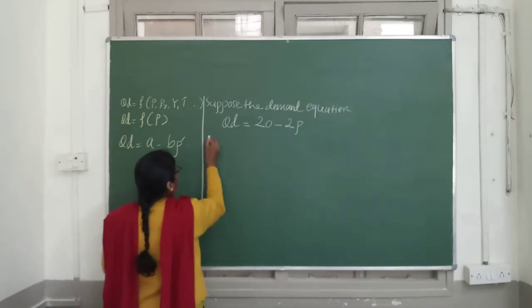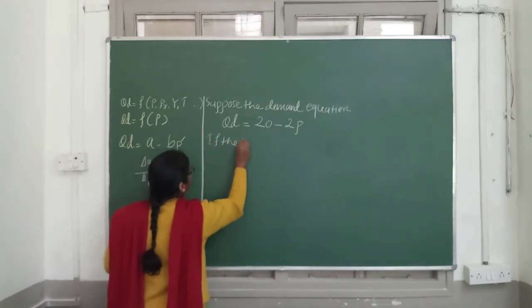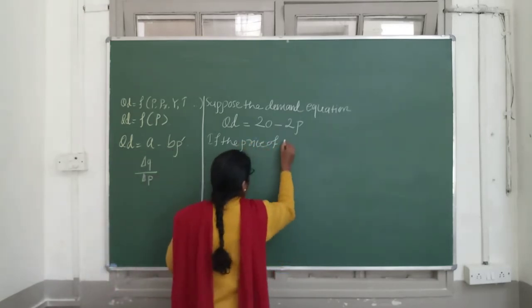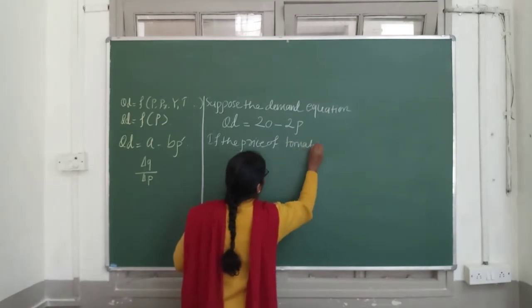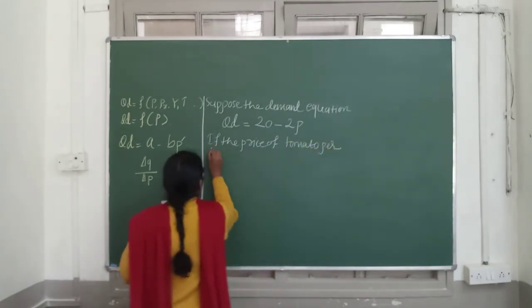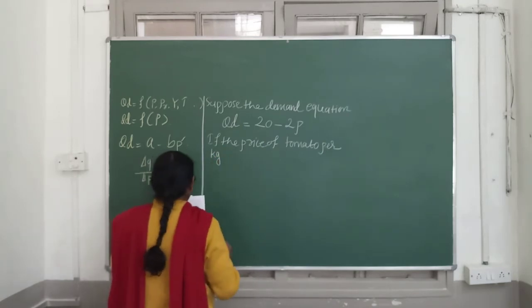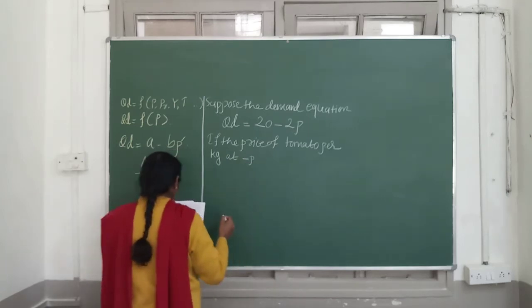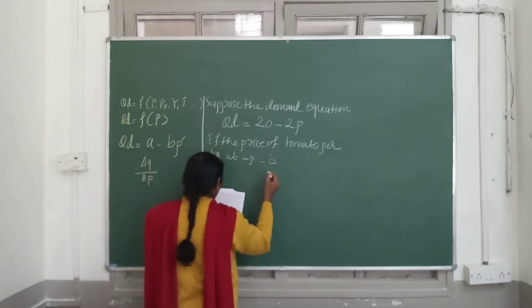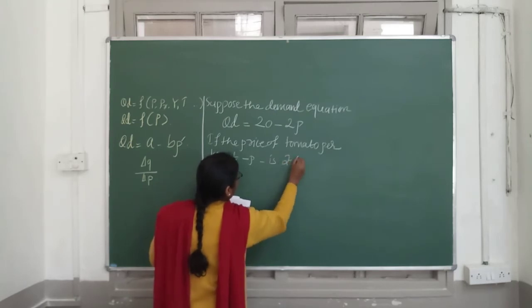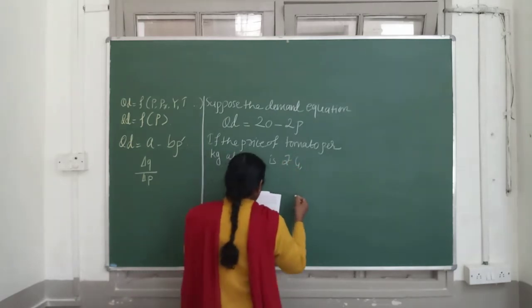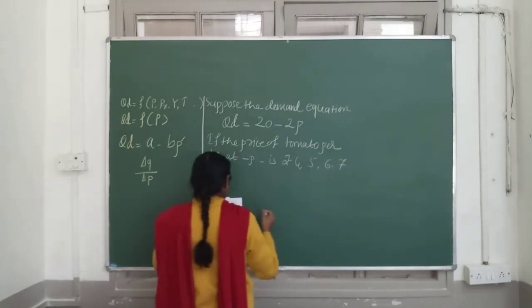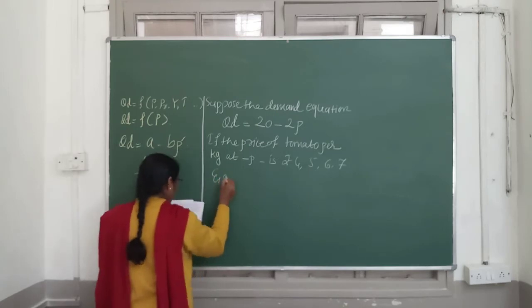Suppose the price of tomato per kg at different prices is equal to rupees 4, 5, 6, 7 and 8.